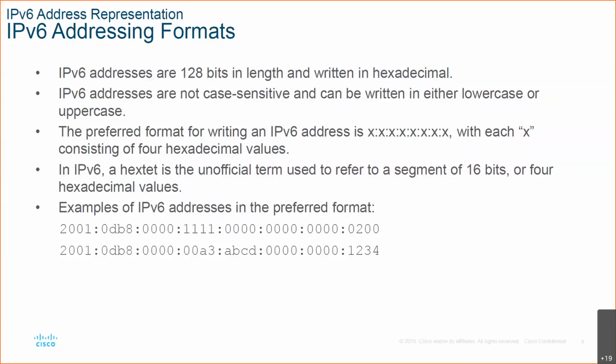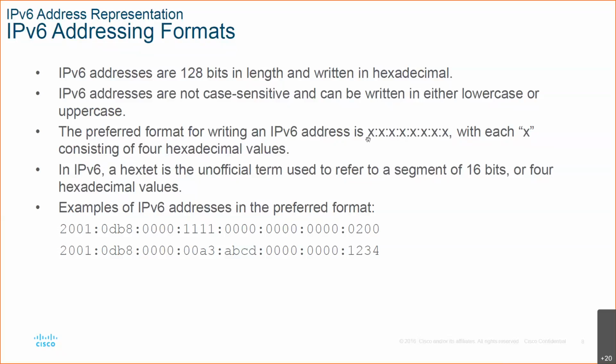First of all, as you know, instead of 32 bits, there are 128 bits, spread inside 8 hextets. Each of these is 16 bits. 1, 2, 3, 4, 5, 6, 7, 8. 16 times 8 will give you your 128.